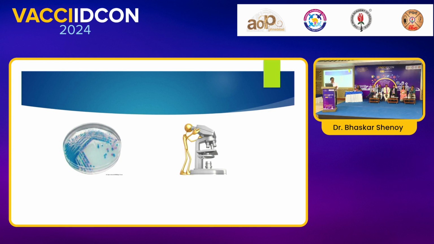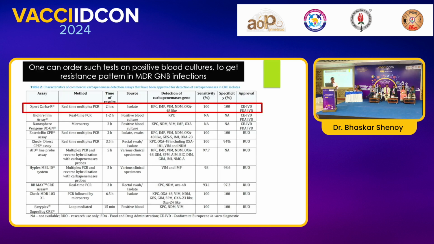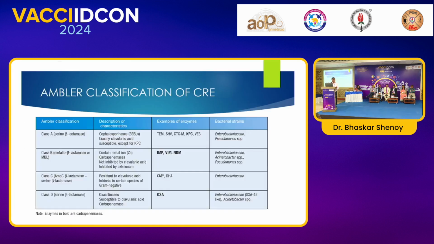Now, can we diagnose this in our practice? Yes, there are various methods of diagnosis of these resistance patterns. One which we do is Xpert Carba-R, which is based on the Ambler classification of CRE. I will not go into the details.